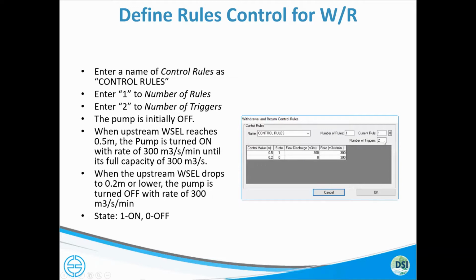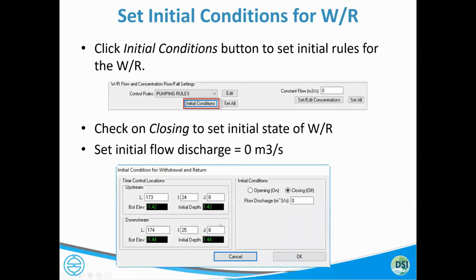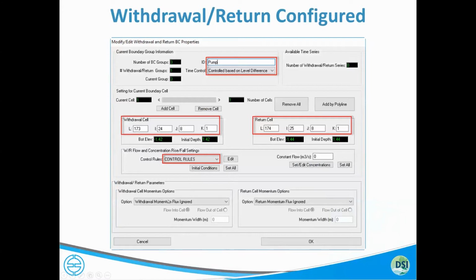In this case, we just have 2 triggers for this specific rule. So with that set, everything is set for the condition to be able to run the model. The initial flow discharge is set to 0 cubic meters per second. So these are now all defined. You've got rule-based control for withdrawal return based on water level difference. We've got the control rules set, and everything is ready to go.